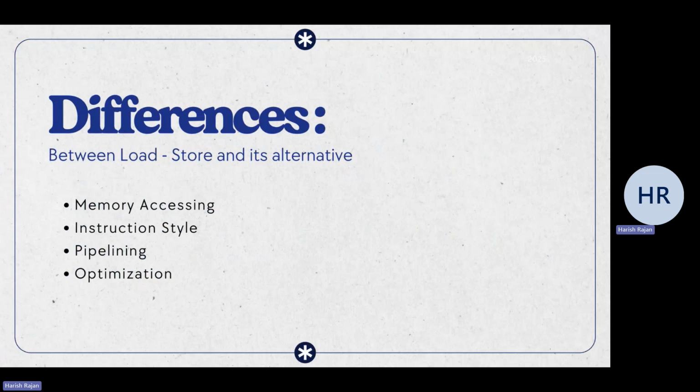The next difference between load-store and its alternatives is the fact that you can pipeline in load-store much easier. This is because each instruction in RISC or in load-store is much more fundamental compared to CISC. CISC instructions are quite rigid. You have instructions like make this recipe and serve it to this table, or make that recipe and serve it to this table.